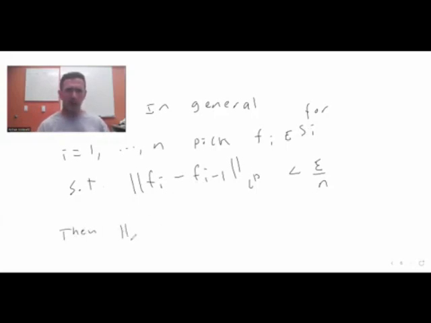Now this is an easy triangle inequality. Again, to make the proof a little easier notation-wise, we designate this to be F0. So this is going to be the sum from j equals 1 to n. This is a telescoping sum. You want to check this yourself by all means, but it is definitely telescoping.